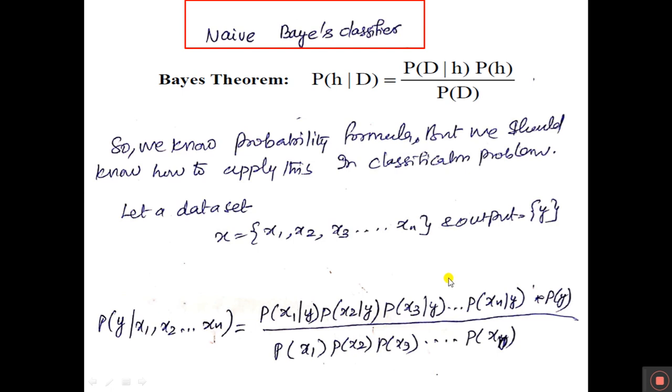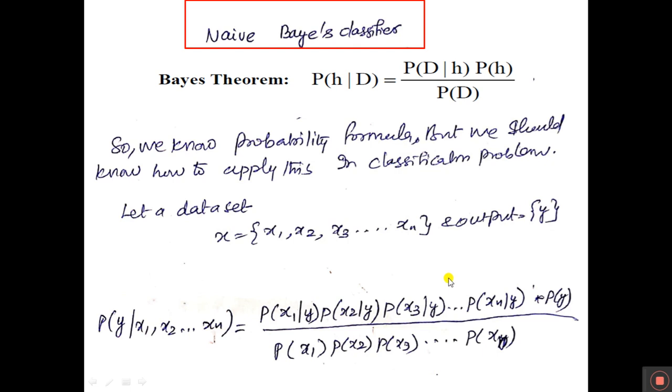So we know the probability formula, but we should know how to apply this in a classification problem. We need to take the data set as X equal to x1, x2, x3 up to xn, and assume the output is y. For this data set, how this particular equation changes, that we are going to discuss now.